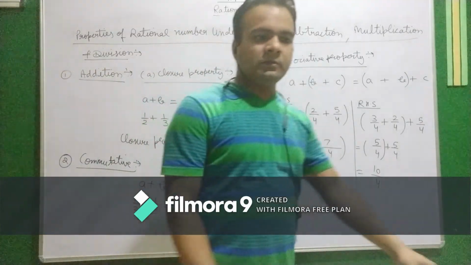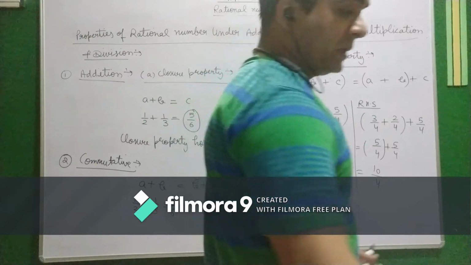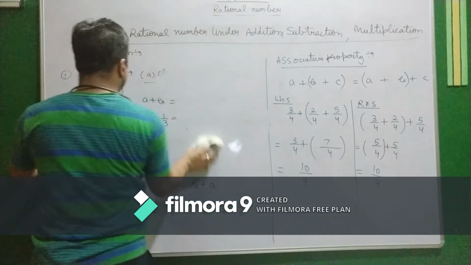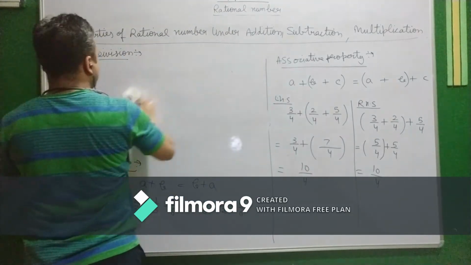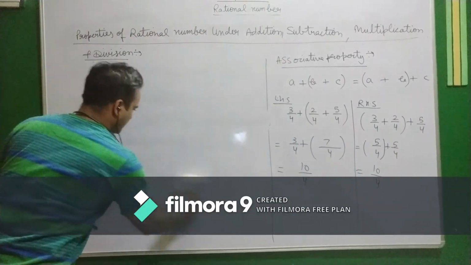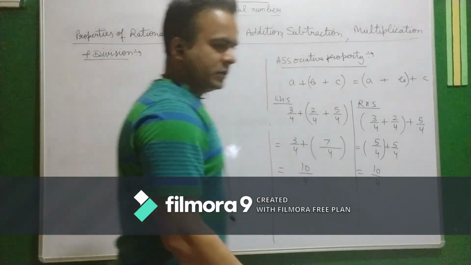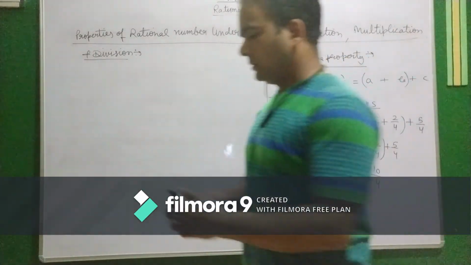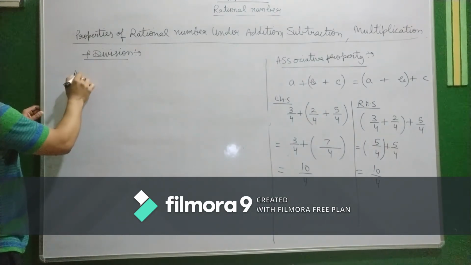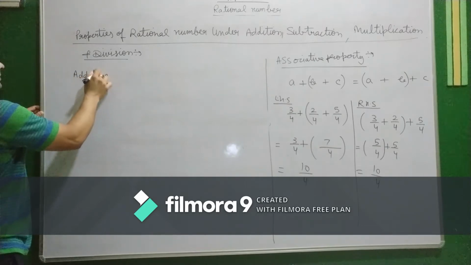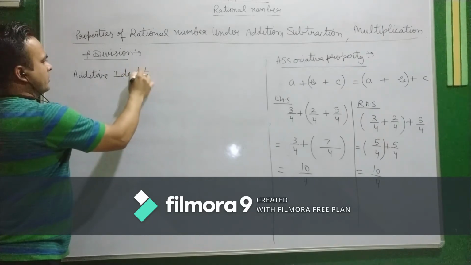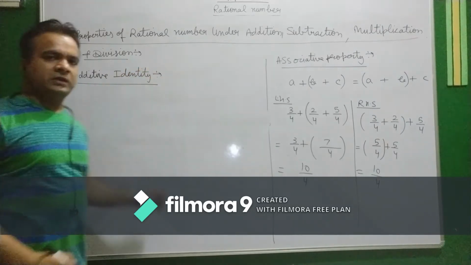You can see. Now the next, which is very important, is identity, and we will check the inverse. I think we have done this in 7th class also, but here we are applying it to rational numbers. So the next one is identity. We can say additive identity because we are working with the addition operation. How can we get identity here?